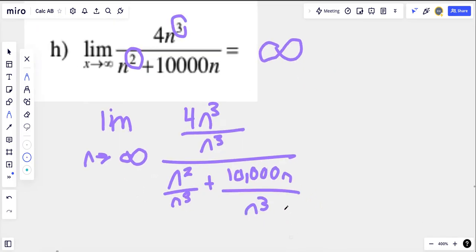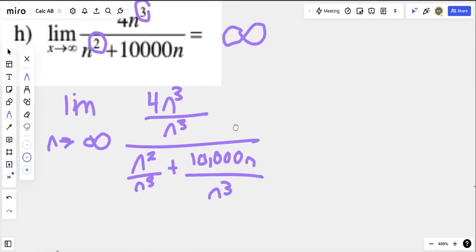And immediately looking at this, you know that this goes to 0 because if you were to simplify this, it's 10,000 over n squared, and then as you increase n to a huge number, that thing's going to approach 0. So this thing is approaching 0 as n goes to infinity.